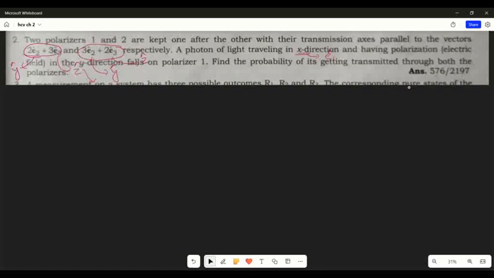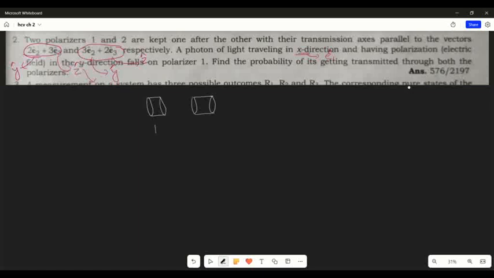So the situation is, suppose two polarizers are kept like this. I'm not drawing the exact diagram of the polarizers, as we are not dealing with optics, we are solving quantum mechanics, so forget about the diagrams, just follow the concept.